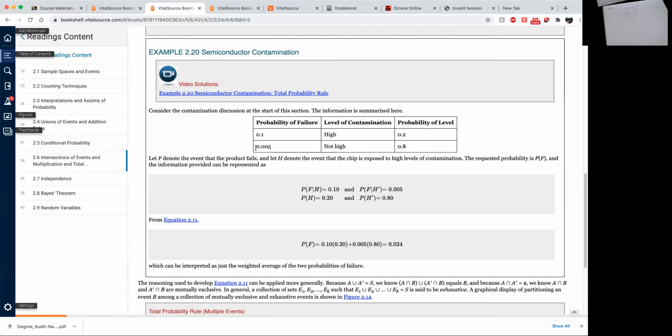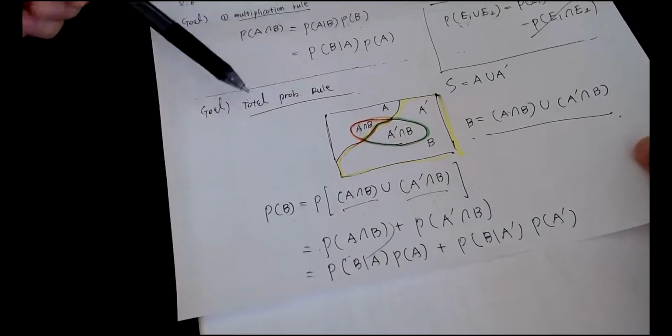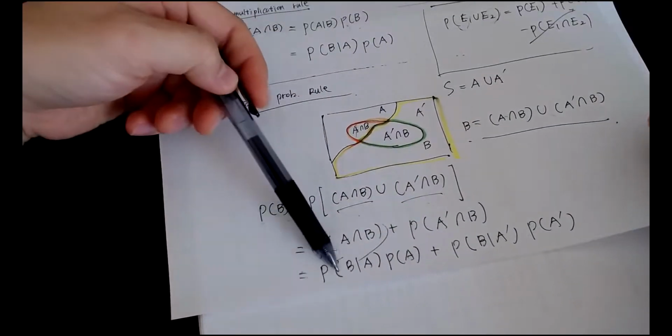So 0.005 means the conditional probability of failure given that the level of contamination is not high. So it means that we need to express P of F in terms of the conditional probabilities. That's why we have to use the total probability rule. So okay, total probability rule. We know the formula right here.